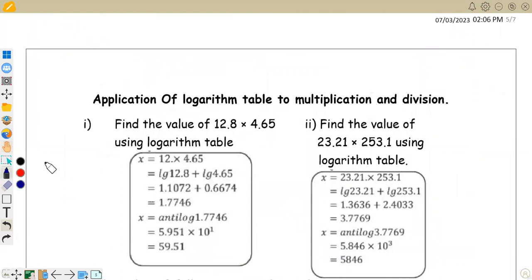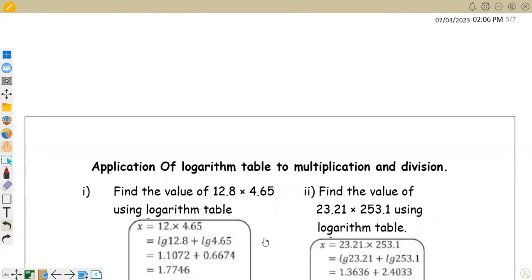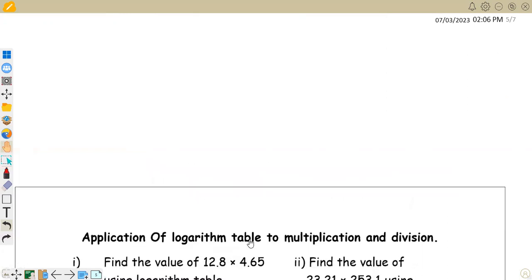There are 3 log rules that you have to learn. Okay, before I move to this, I will explain it. In grade 10, you have to learn only 2 log rules, and in grade 11, you have to learn another log rule. First one is logarithm of a product.